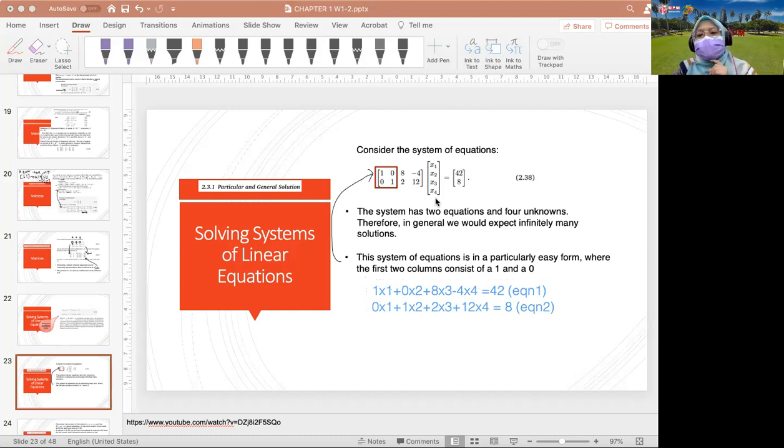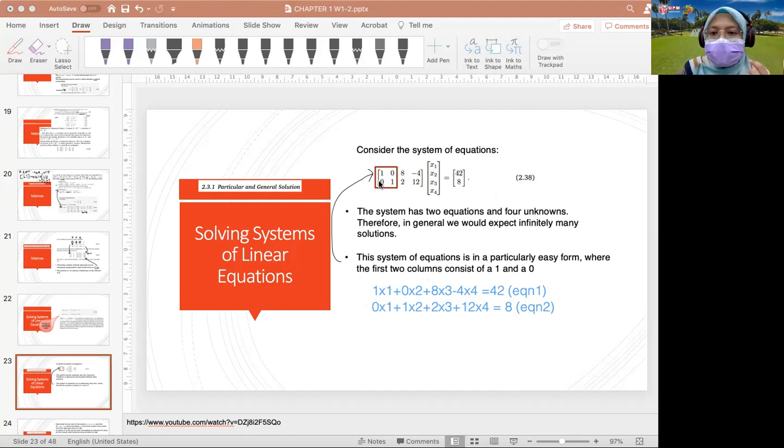However, this problem of a system of equations, we can consider it as being in a simple form. Why?